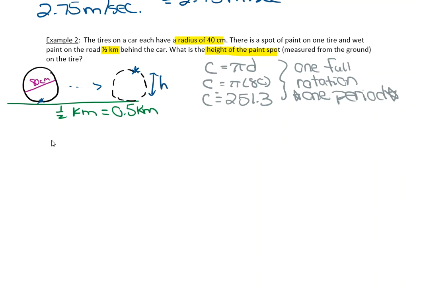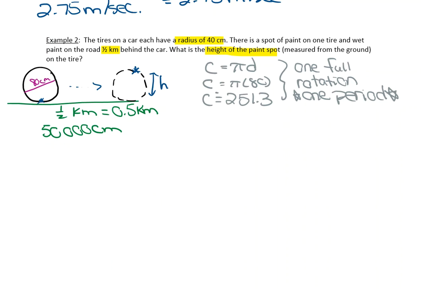For half a kilometer, I'm going to have to multiply by 1,000 for meters, and then multiply by 100 for centimeters, and we get 50,000 centimeters. So now we've got everything in centimeters, and that's a little easier than converting and working with small decimals, like moving the centimeter to a kilometer. Then that would give us a lot of zeros and placeholders. So let's keep it like this.